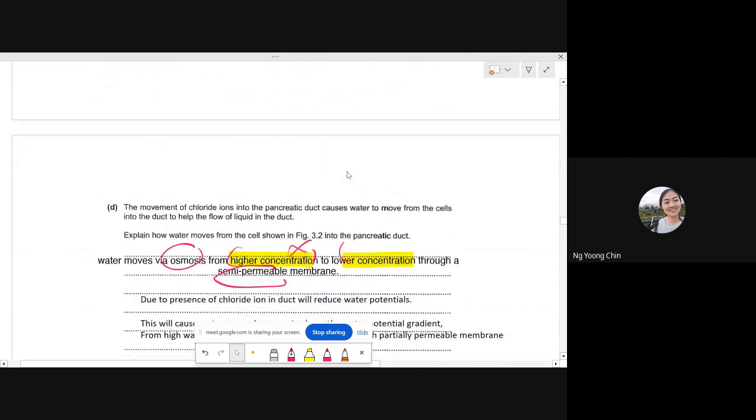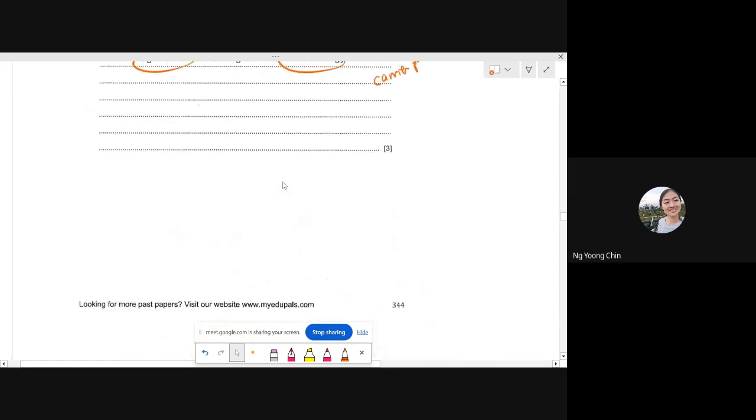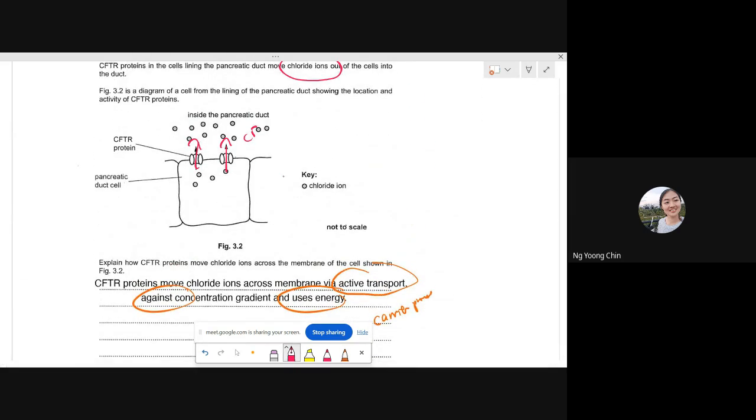So what will happen is, you can see, the movement of chloride ions into the pancreatic duct causes the water to move from the cell into the duct, help to flow of liquid in the duct. So this means that whenever you pump the chloride ions outside to the pancreatic duct, this will cause the accumulation of the chloride ions within the pancreatic duct. So it will become low water potential in the pancreatic duct itself.